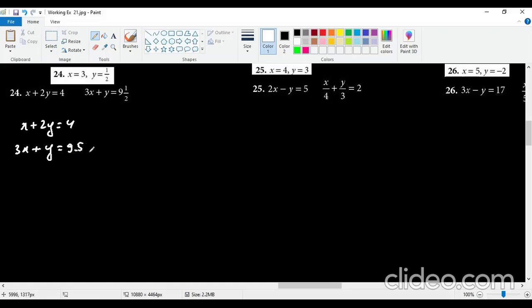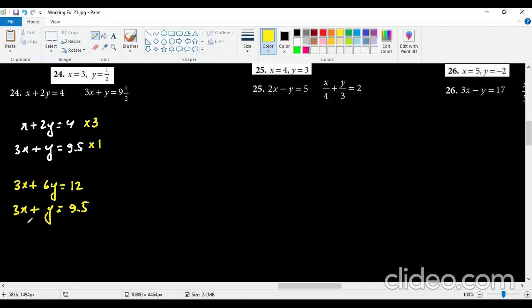I am going to multiply the first equation by 3 and the second equation by 1. So the first equation turns into 3x plus 6y equals 12, and the second equation remains the same because we are multiplying by 1.